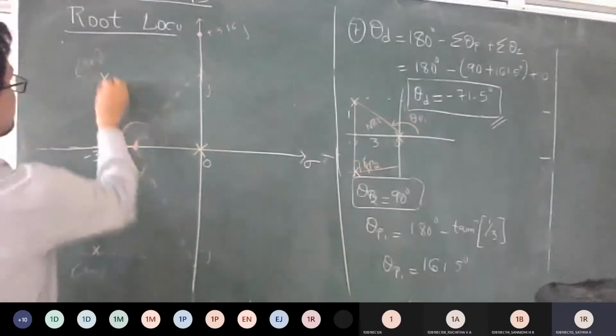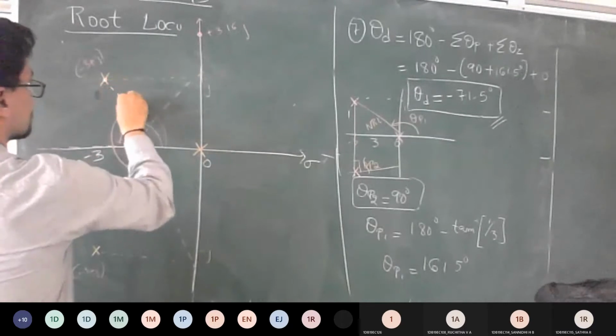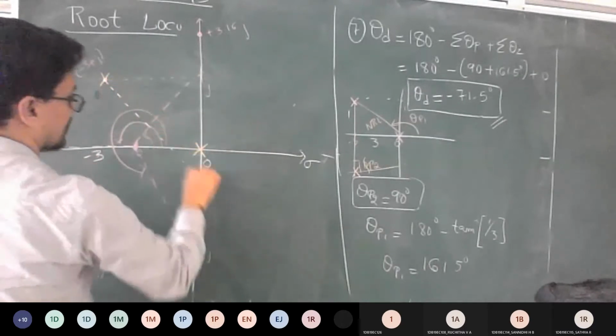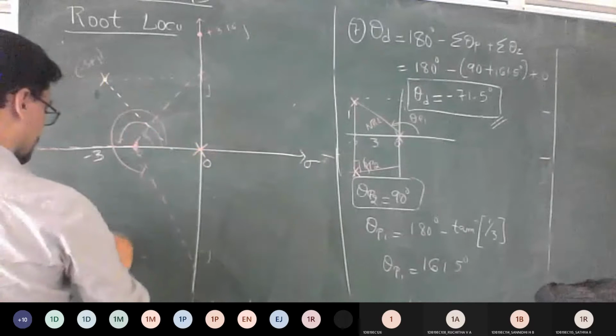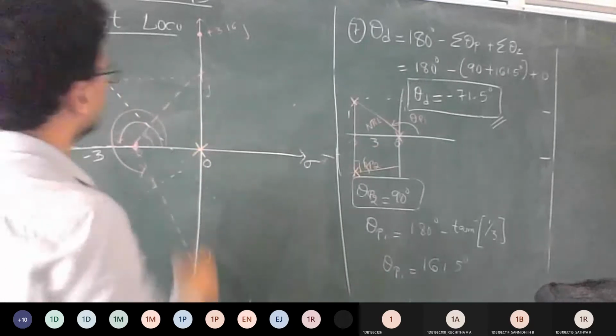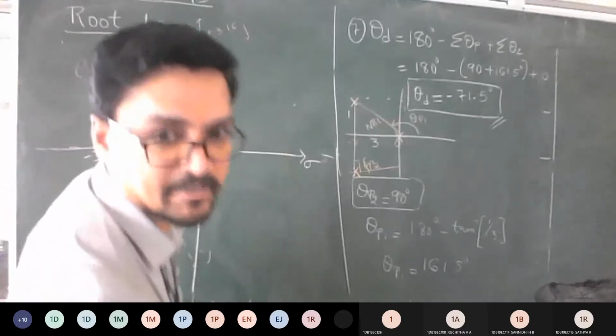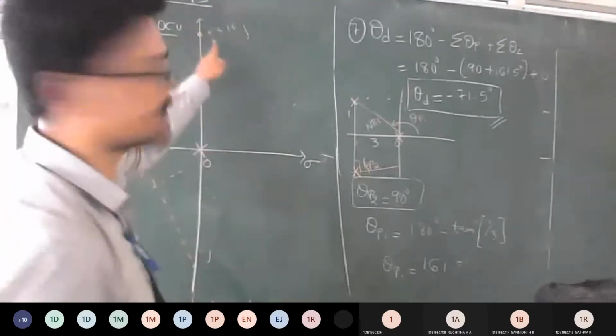What is the angle you got? Minus 71.5. So from this point, if you mark minus 70, it will go somewhere like this. You can represent it as a dotted line. Similarly from here, it goes above. But where exactly should I cut that? The angle of departure is at this junction, right?